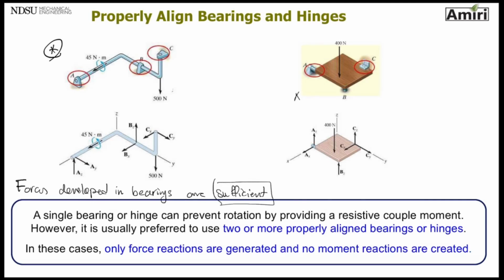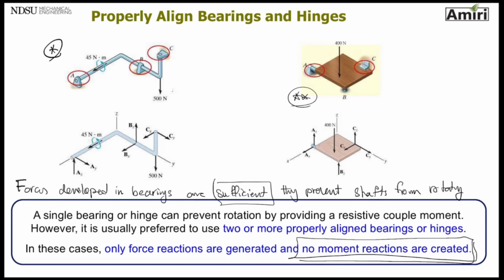Or in this case, forces developed in hinges are sufficient, and they prevent shafts from rotating about each coordinate. And that's why there are no moment reactions created for these bearings.